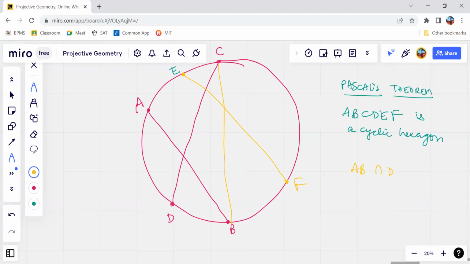Then it states that you take AB intersection DE, you take BC intersection EF, and you take CD intersection AF.